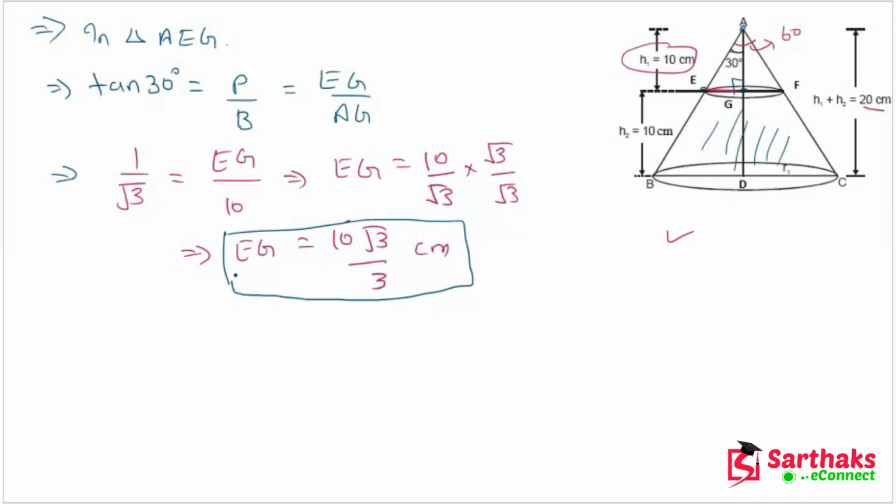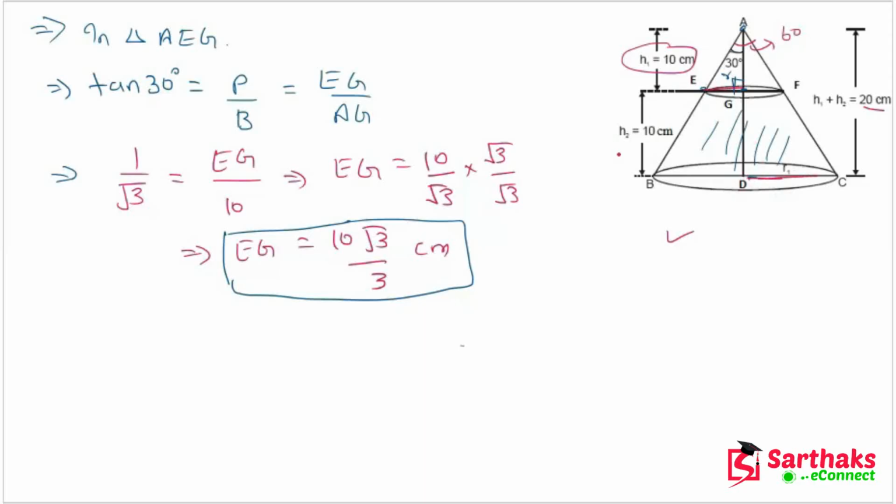So this is R2. EG is R2, and R1 is DC. EG is R2, and R1 is DC.